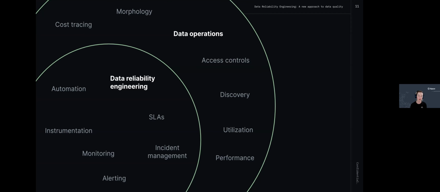Performance of your queries, making sure that there's no 12-hour queries on your system that are going to time out anyways. I saw a great example of that the other day on LinkedIn, which is hilarious. But having processes and procedures around this is really important to keeping your team as performant as possible. But a key component of that is having the processes around data reliability engineering.